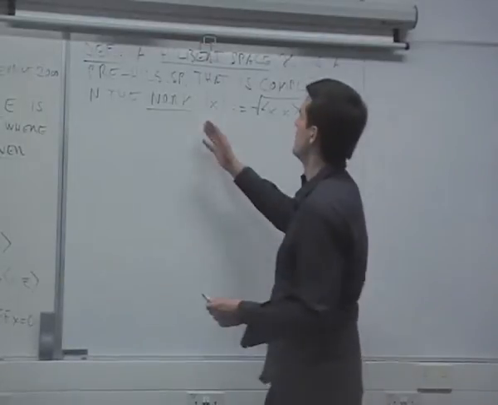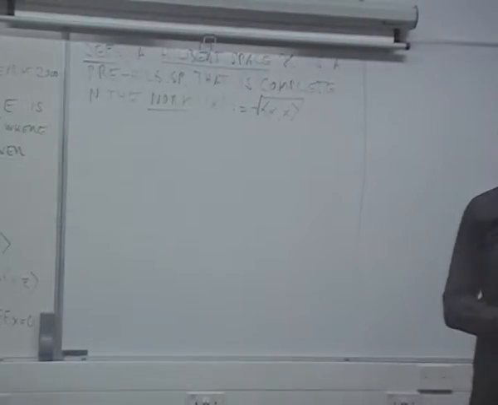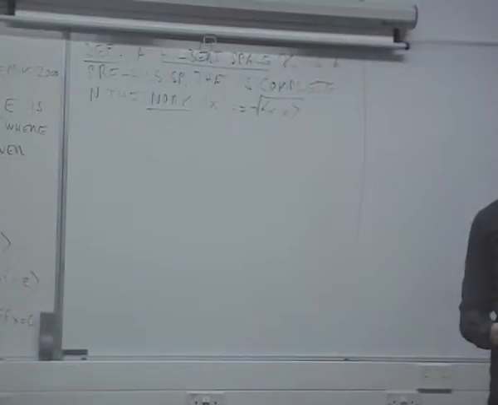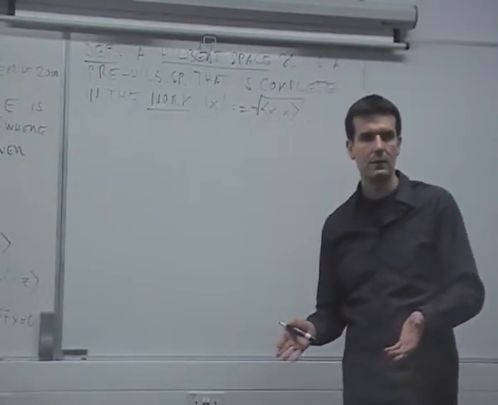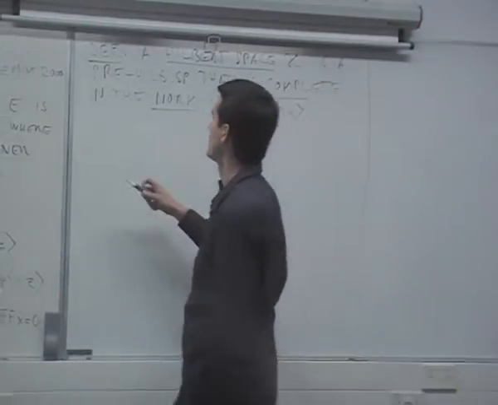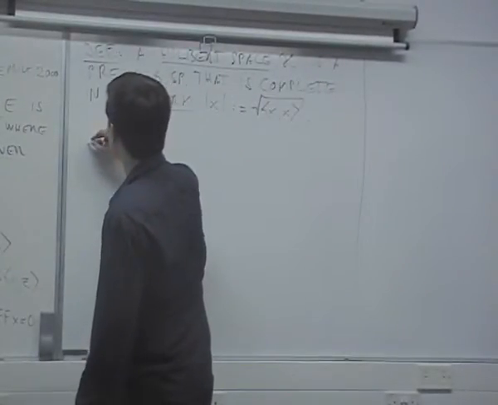But once you have this, you can talk about convergence in the norm. Once you have a norm, you can define the distance. Because what's the distance of two vectors? This is just a side remark.